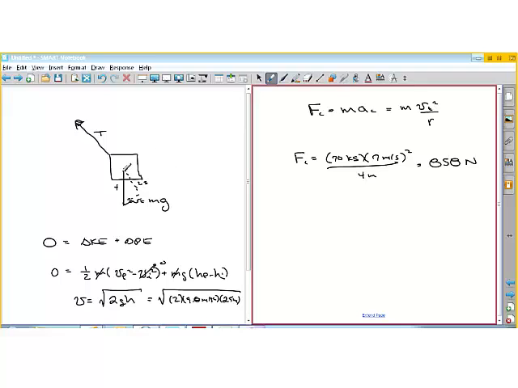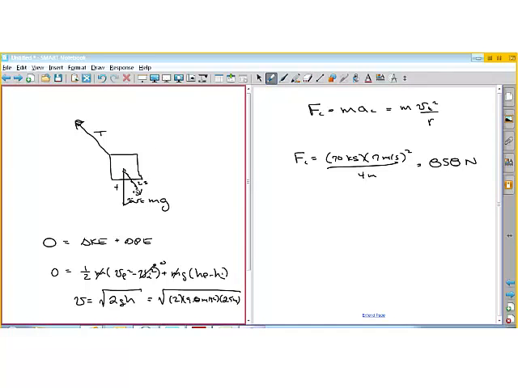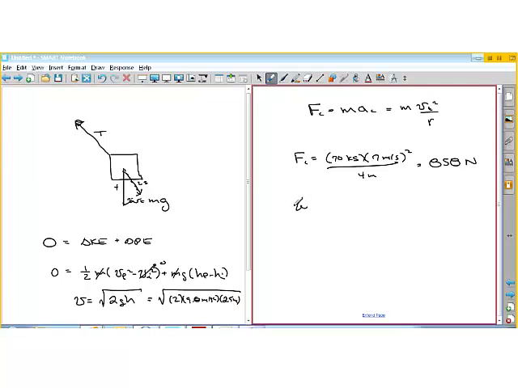Then you have this component of the force, or the weight, and so what can we say? Well, the weight is 70 kilograms times 9.8 meters per second squared, which is 686 newtons.